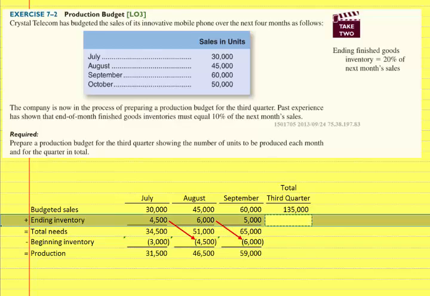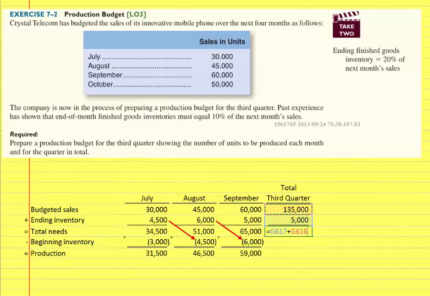So my ending inventory for September is also the ending inventory for the third quarter. So rather than typing that in, I'm just going to use a formula and point to that 5,000 September ending inventory. And there's my ending inventory for the quarter as well as September.